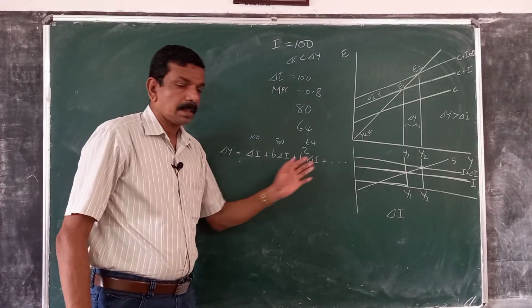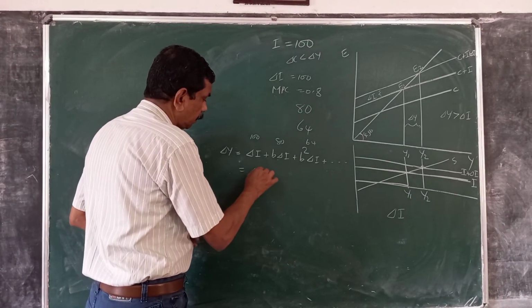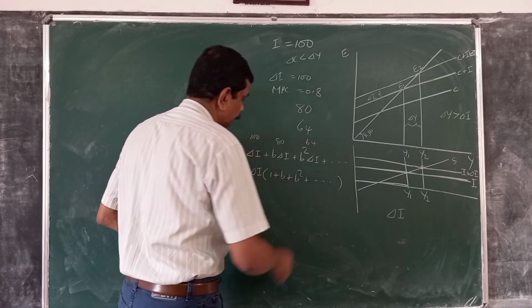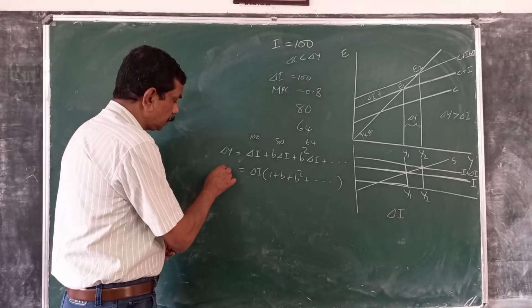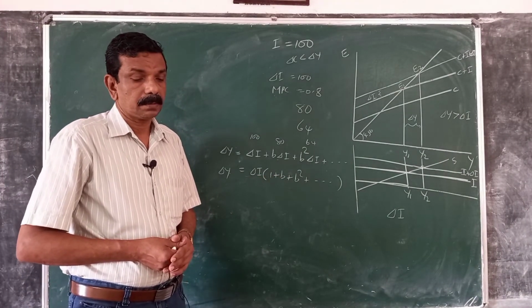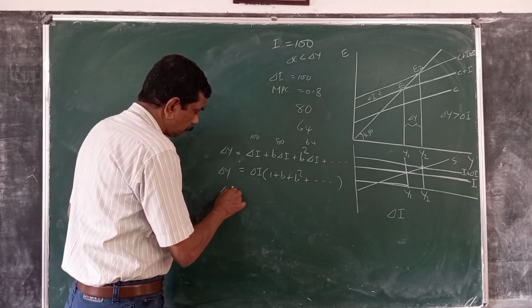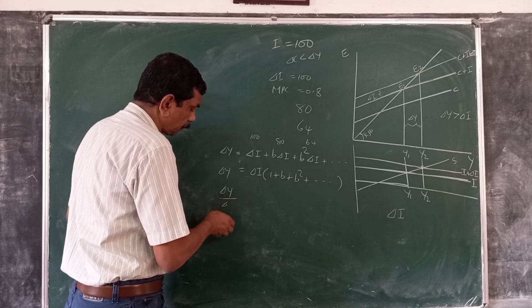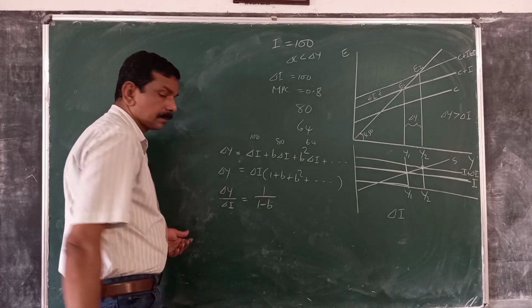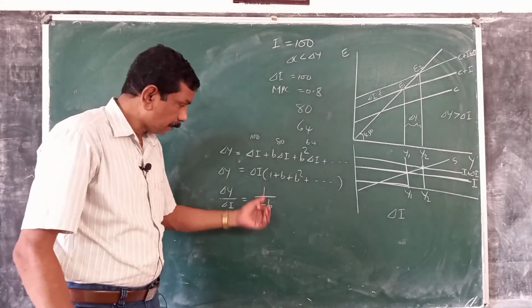Delta Y can be written like this, as delta I into 1 plus b plus b square plus etc. So delta Y by delta I is equal to 1 by 1 minus b.